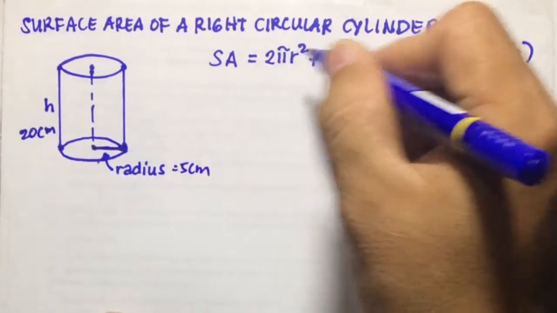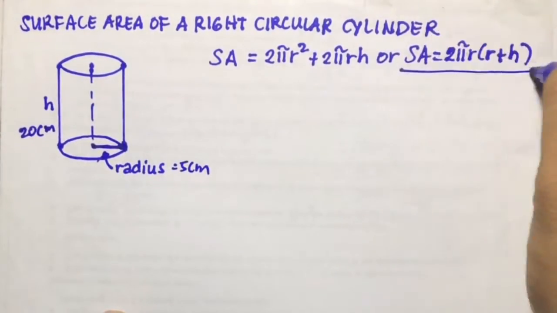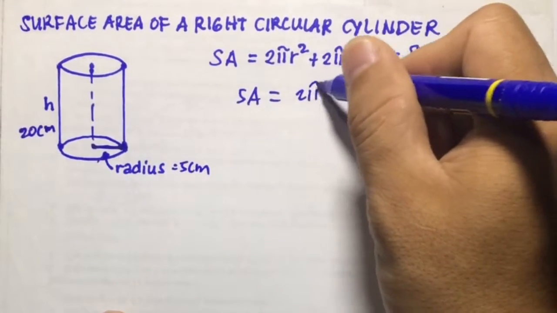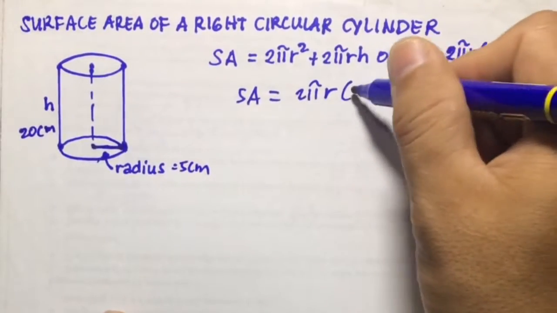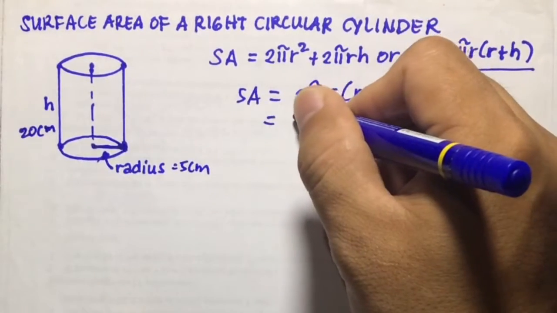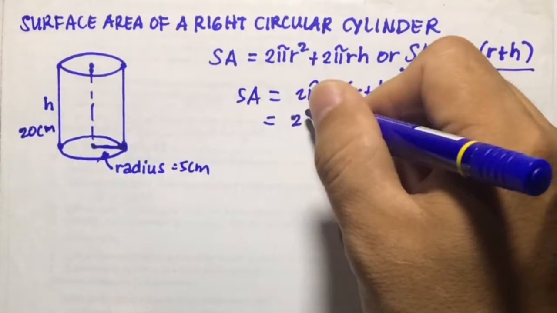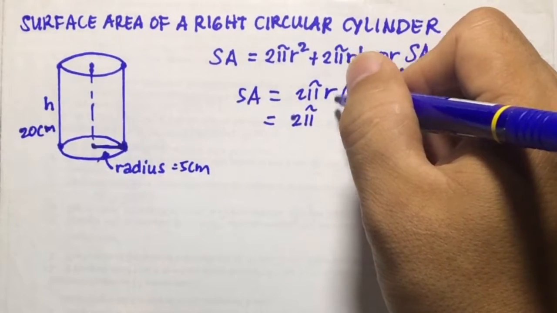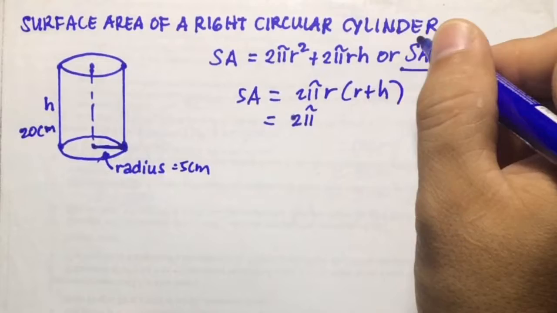So in solving the surface area, we're going to use this formula here. Surface area equals 2 pi r times the quantity of r plus h. Then this is 2 pi times the radius, which is 5 centimeters.